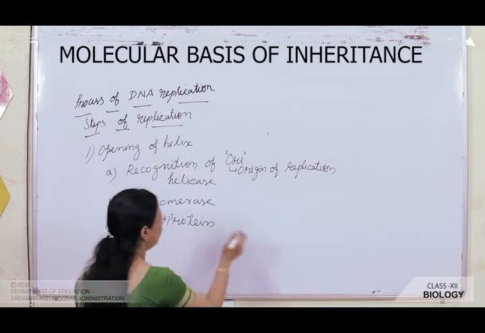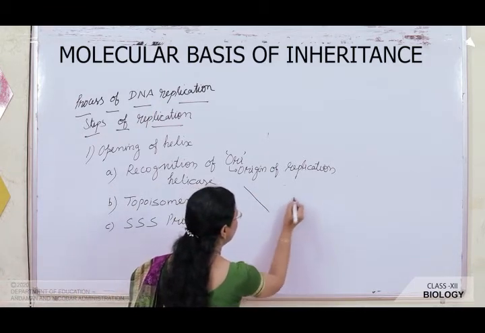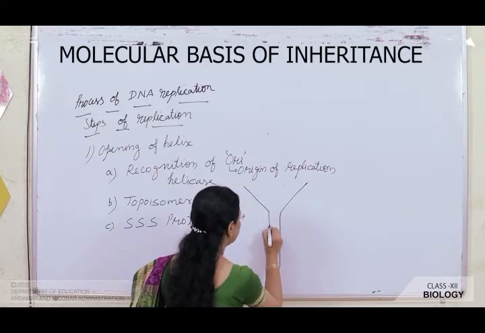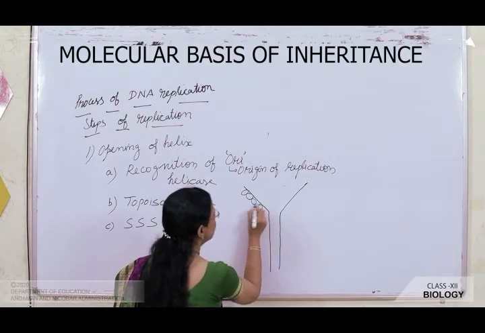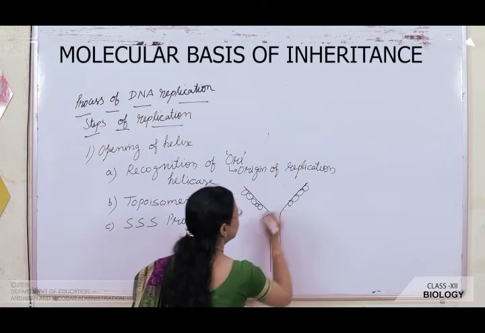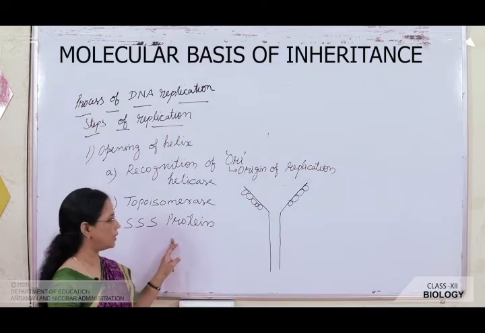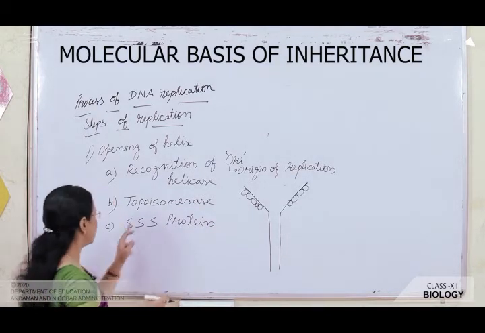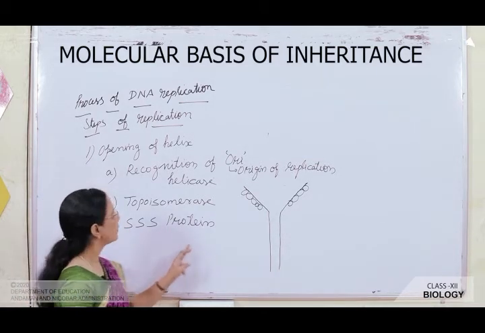So after topoisomerase, what you have seen? There is a Y-shaped fork formed. So stabilizing proteins bind on the surface of the strand. So this is the function of stabilizing protein which stabilizes the strand. So that is known as single strand stabilizing protein.